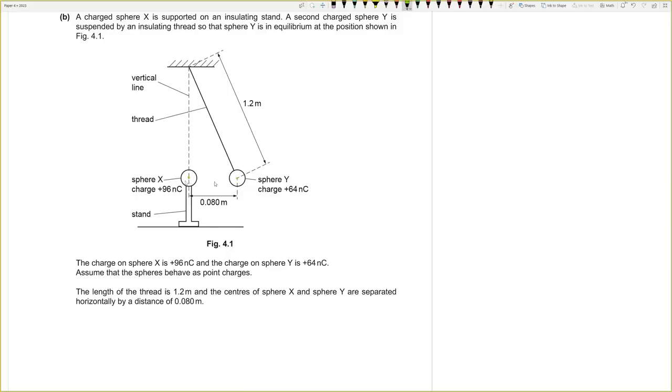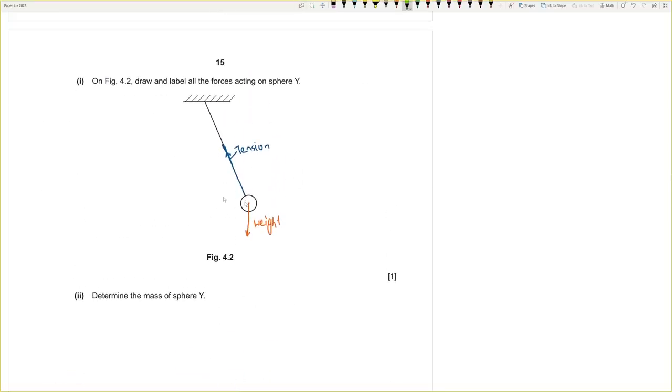Basically, since they are horizontally spaced, it will act along this line. Both of them are positive, so it will actually feel repulsion. Okay, so let me make this straight. So this is the electric force. There you go.